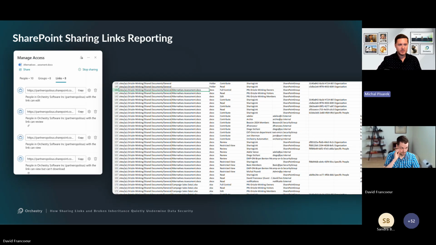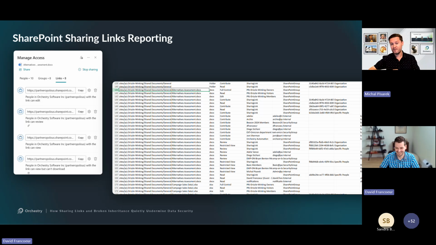The next option is around sharing links here. I'll let you click through. Okay, so there's a sharing links report that you can generate. And from what we have seen with customers, this is kind of the recommended approach that we hear from Microsoft. Like, hey, you've got a bunch of sharing links?